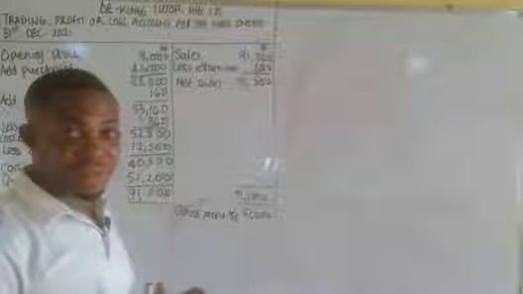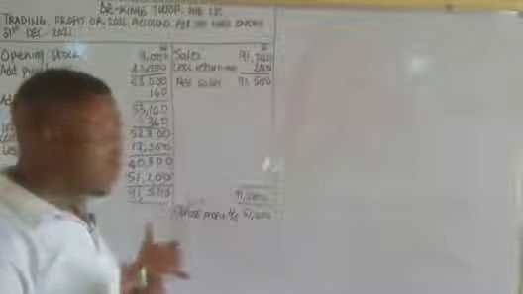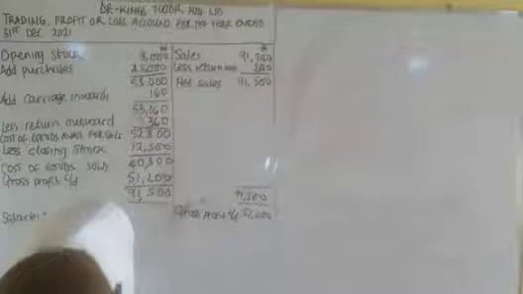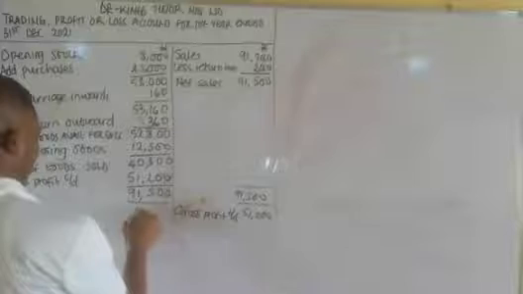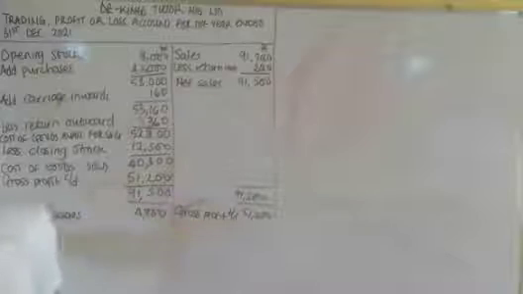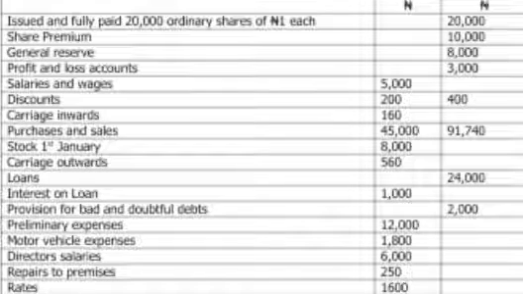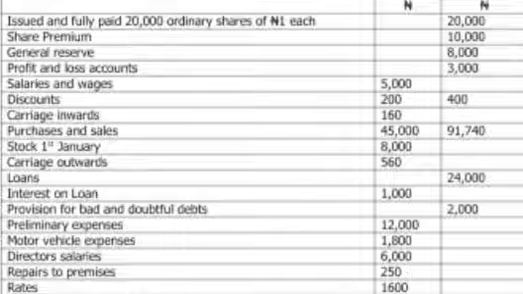So we'll write the adjusted figure that is supposed to be posted to the profit or loss account. So our salaries and wages, the adjusted figure is 4,800. That is coming here. The next one is discount allowed. It wasn't adjusted. In the trial balance, that is what comes next. Discount allowed there is 200.